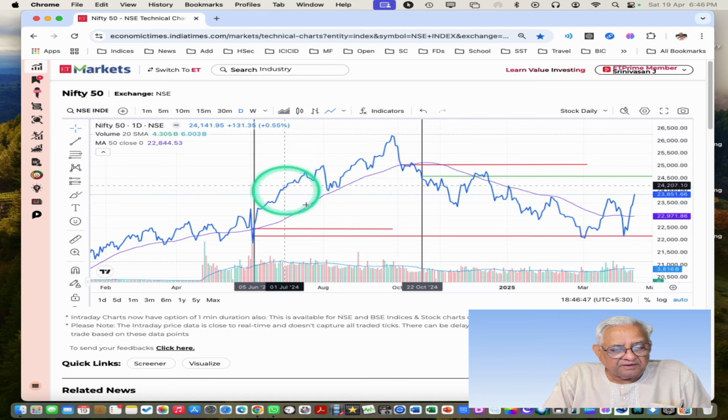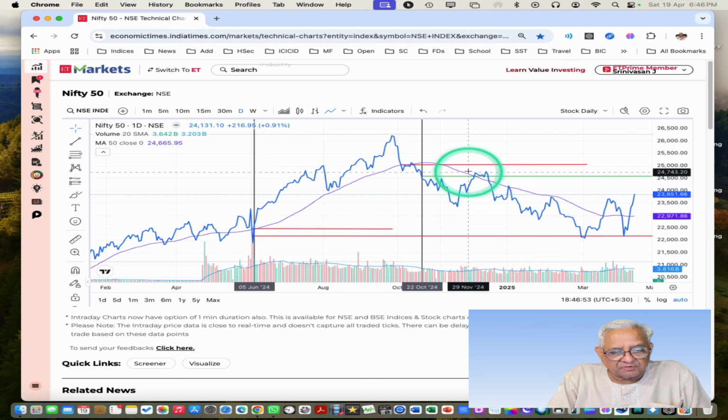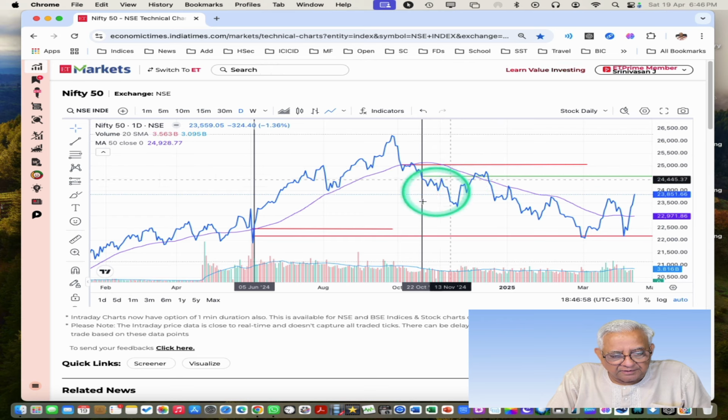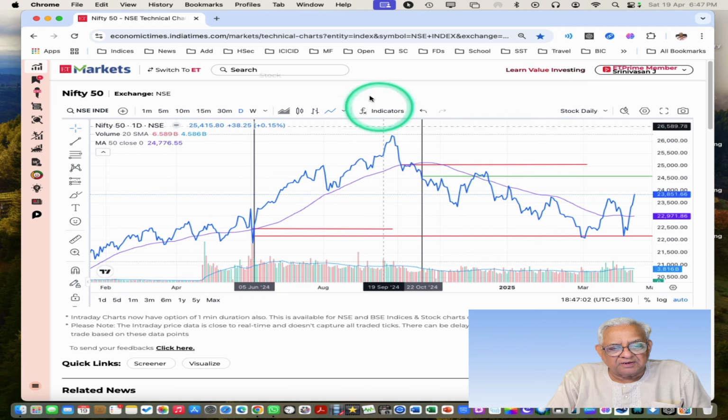Now you can see you would have bought a little later, so the price has gone up, and you would have sold a little earlier, so you would have made a little more here. As you can see, there's hardly big deal difference between this, but it gives you a lot of tension.